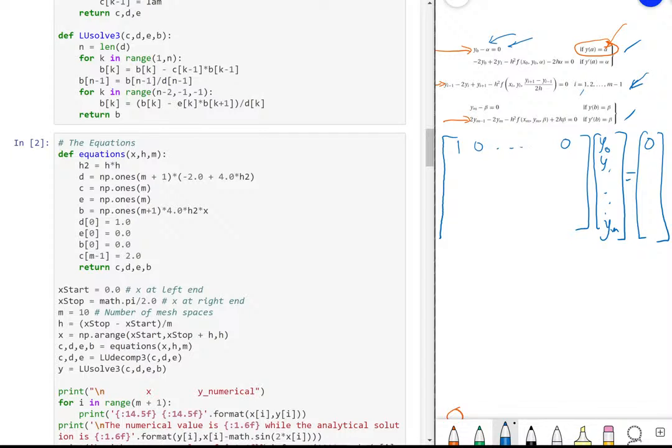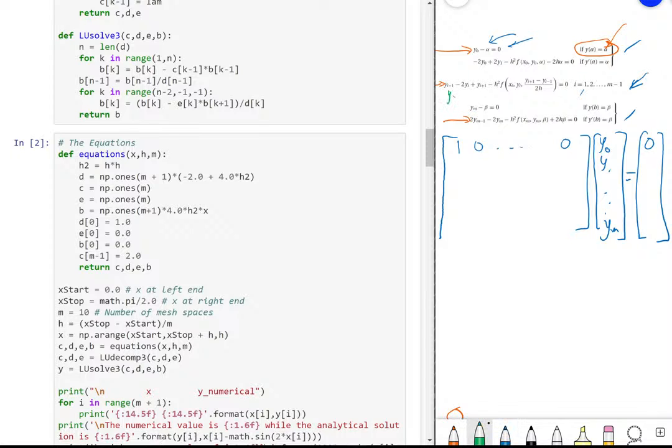So you have i equal to 1, y0. Here you can write y, so that you don't confuse yourself.